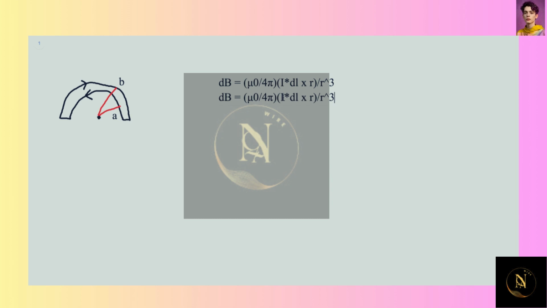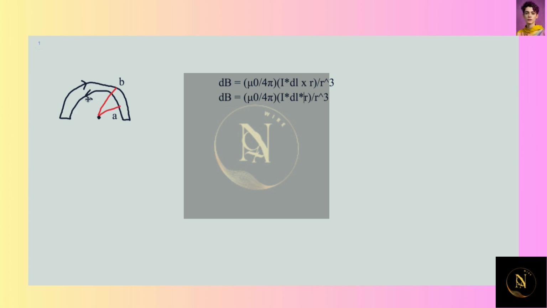So we'll get positive I, and then dl cross r is really just going to be dl times r, because since this is a semicircle, dl, the tangent, is going to be perpendicular to r, which is going to be the vector pointing to the center of the circle at every point along this.